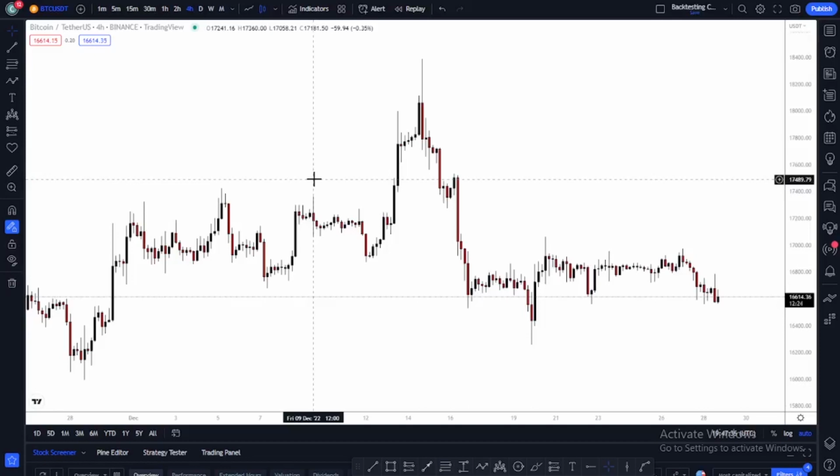When it comes to BTC USD, your Bitcoin United States dollar, from what I've backtested within these years, I feel like BTC responds more to chart patterns than to our normal market structure, higher highs and higher lows, or price action strategy.